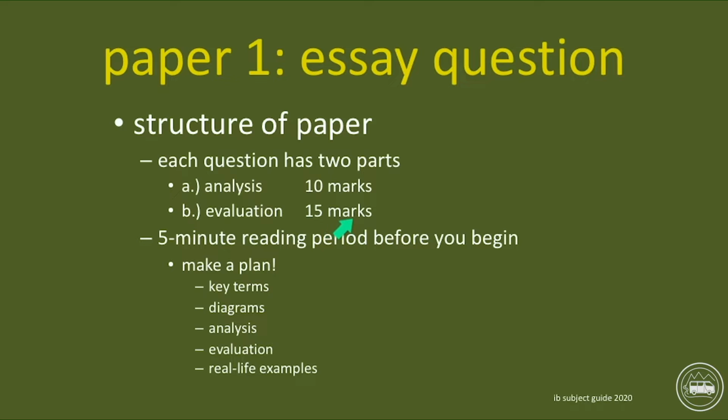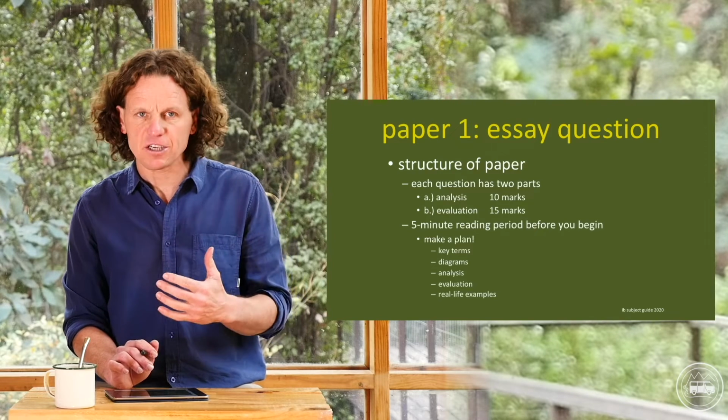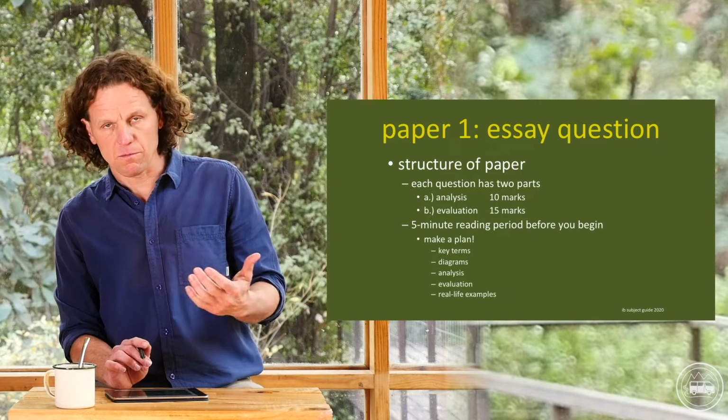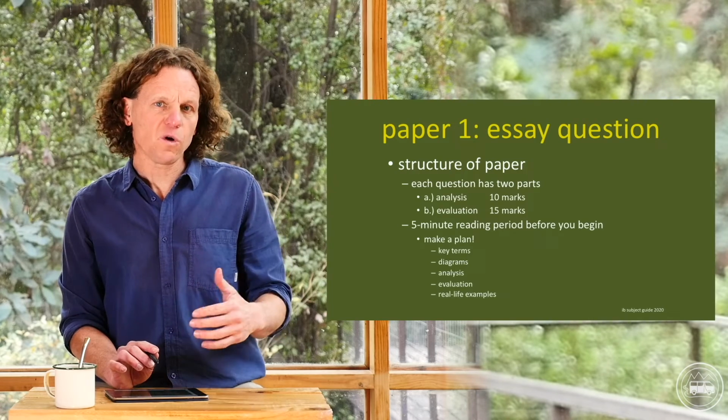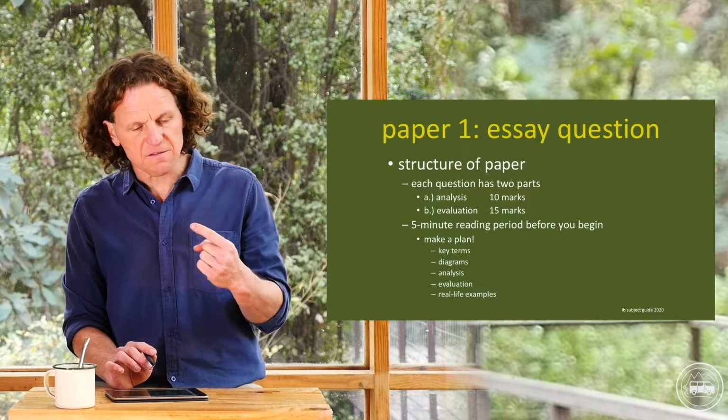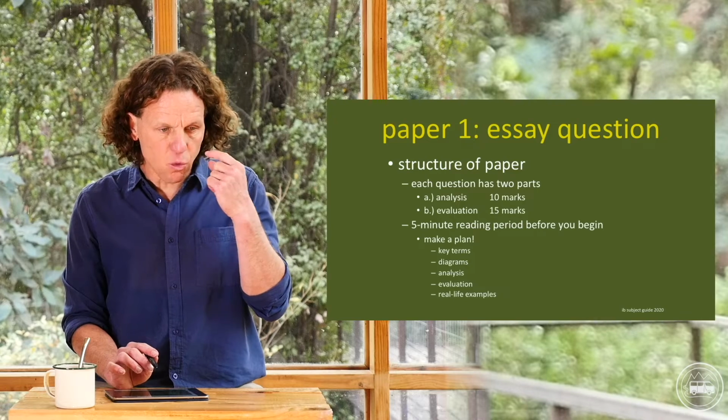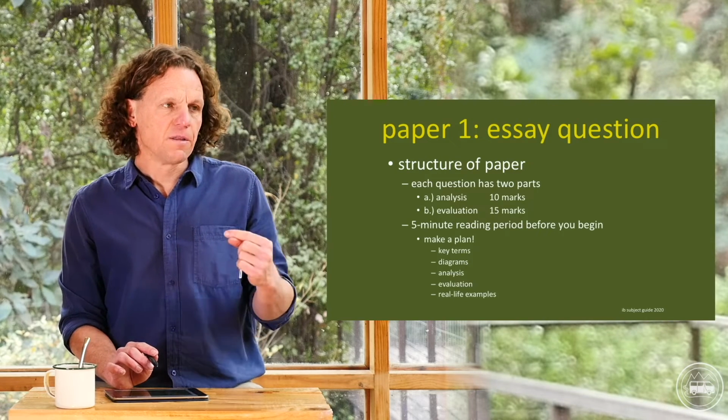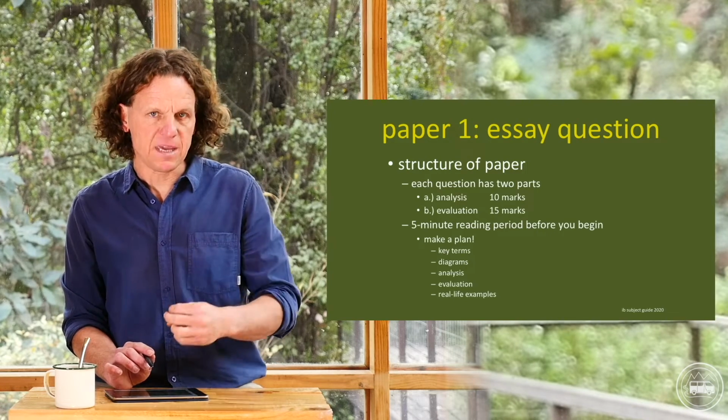When you get the paper, you're going to have 1 hour and 15 minutes to write, but before that starts, you get a 5-minute reading period, which gives you a chance to look through the 3 questions and make a decision on which question you should answer. And here's a key piece of advice, which I'll talk about again at the end: you want to pick the question that you're most comfortable with in Part B.